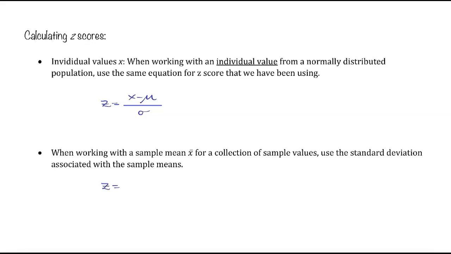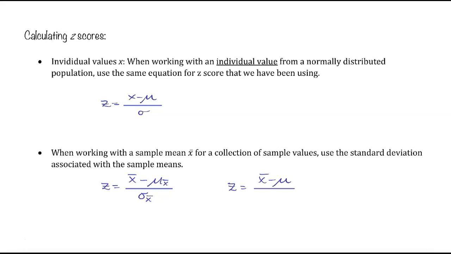Here, z is equal to x bar, the sample mean, minus mu sub x bar, the mean of the sample means, divided by sigma sub x bar, the standard deviation of the sample means. Since the mean of the sample means is the same as the mean for the population, this is equivalent to z equals x bar minus mu, the population mean, divided by the standard deviation for the sample means.